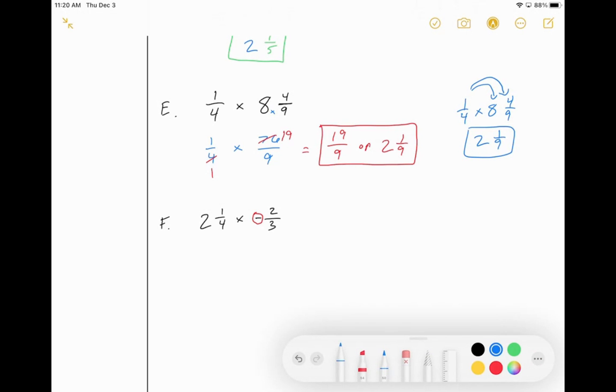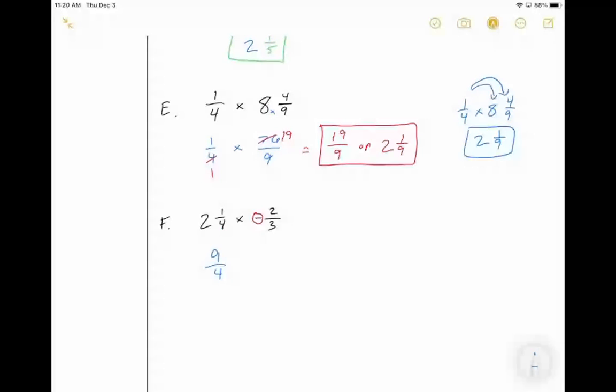First step, change our mixed number to an improper fraction. 2 and 1/4 becomes 2 times 4, which is 8, plus 1 is 9/4. Now we're going to multiply that by our negative 2/3. All right, and then we see if things can cancel. And yes, a lot of stuff can cancel here. So let's take a look.